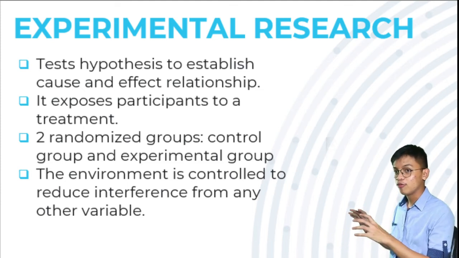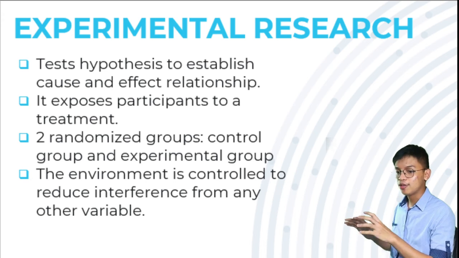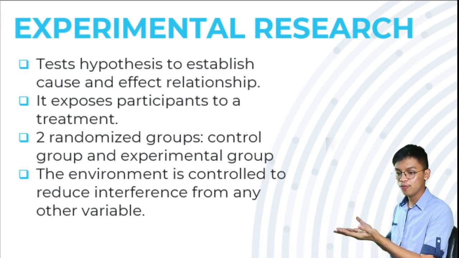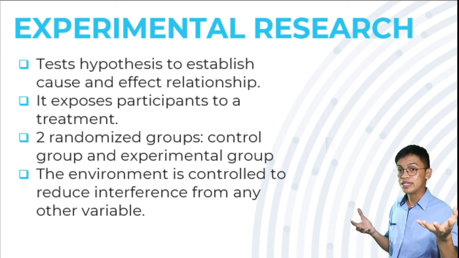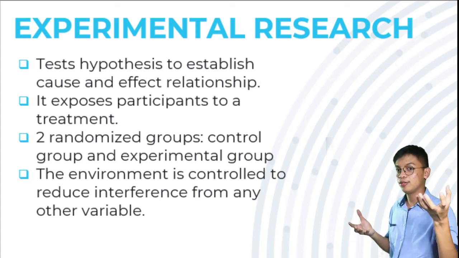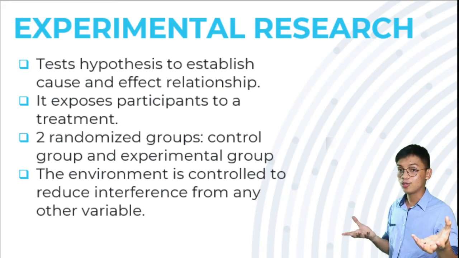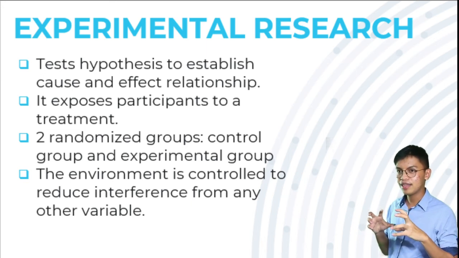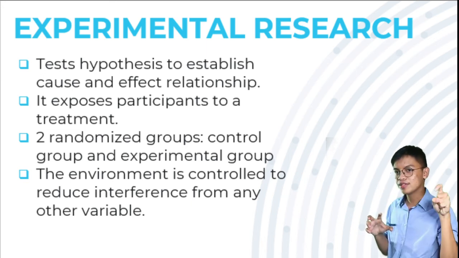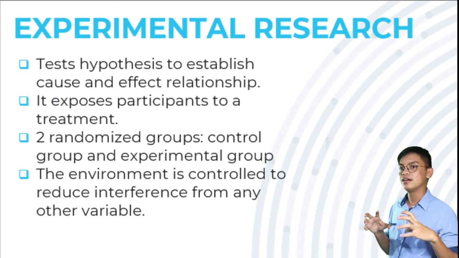You try to group the students into two groups randomly, the control group and the experimental group. The experimental group receives that new product or that new treatment, while the control group does not receive anything at all. And in experimental research, the researcher needs to control everything so that no other variables can affect the study.